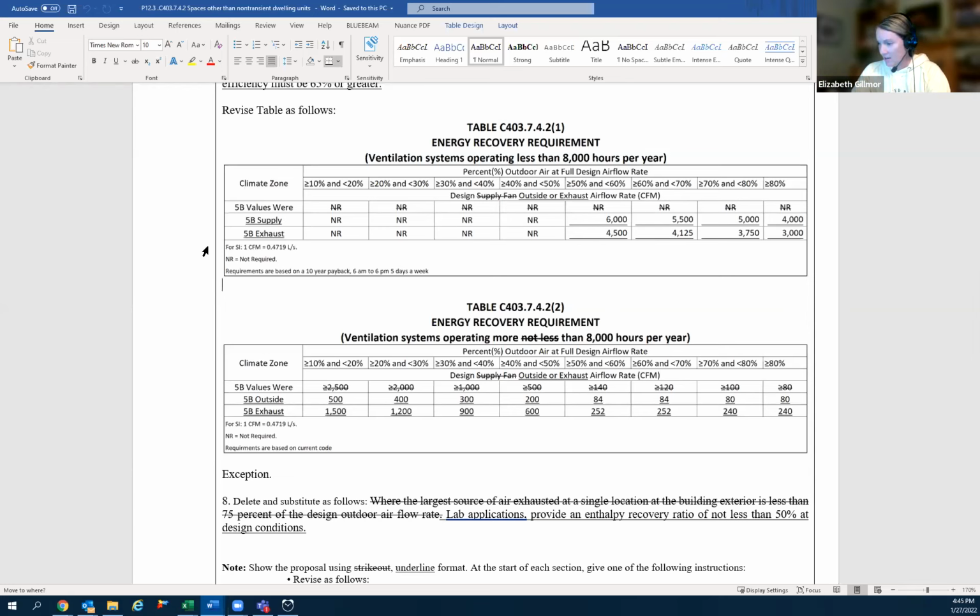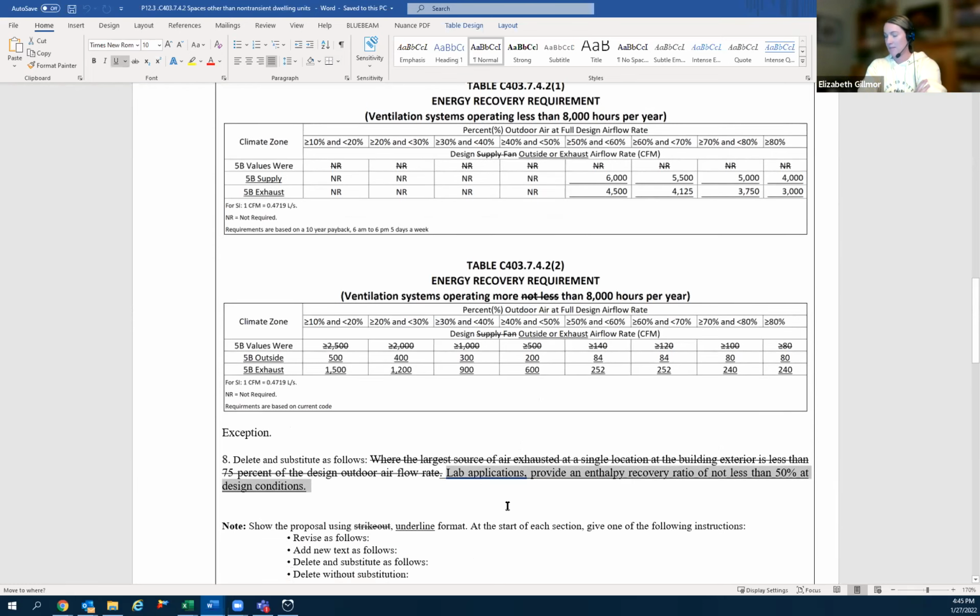Could we extend the lab applications with that healthcare and COVID concerns in mind, if you're following my journey there? Yeah, no, I think that's fine. So we could, even if it was like lab and healthcare kind of thing, just because that's certainly a bigger concern than when we wrote this first amendment.